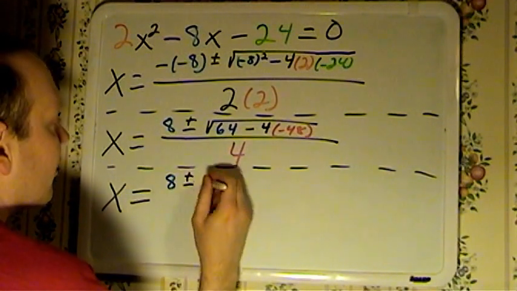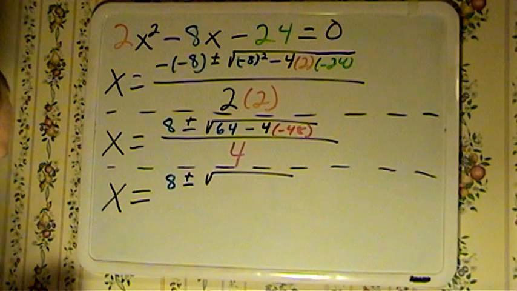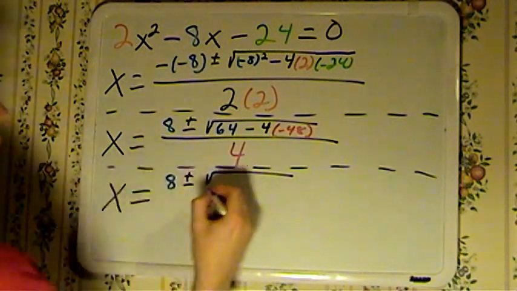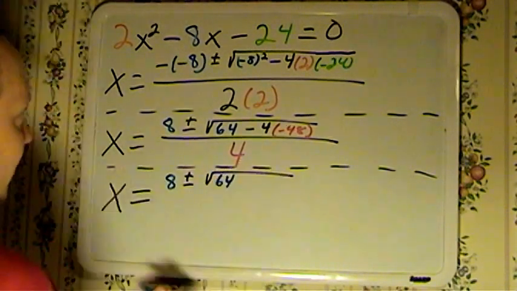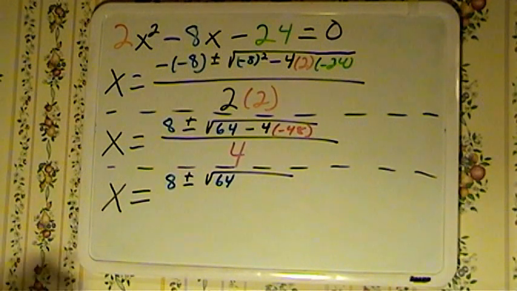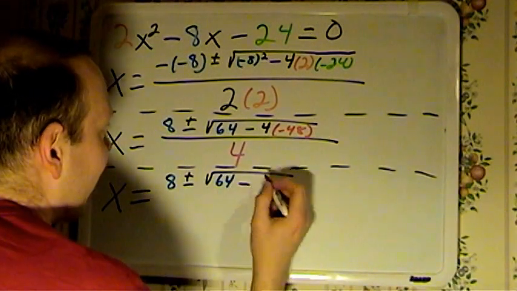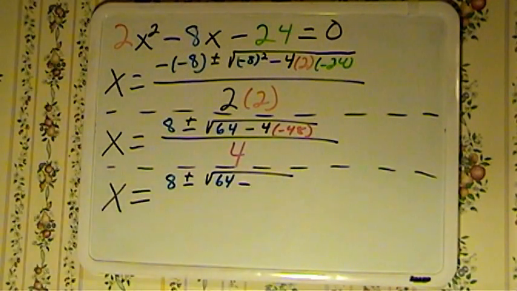plus or minus square root 64, if I did my math correctly. I believe 8 squared is 64. Minus, okay, 4 times negative 48. Let me pull out my handy calculator here and make sure that my numbers are right. 192.